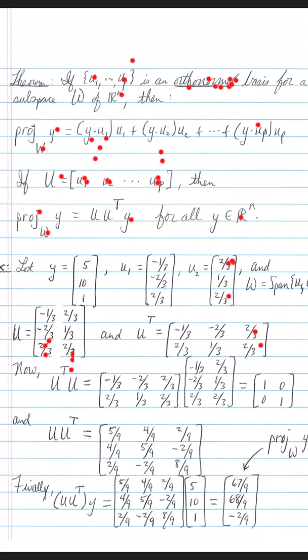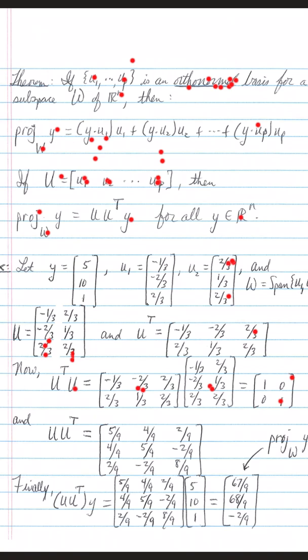U transpose times U. Be super careful. I recommend using a calculator or a matrix calculator online, but U transpose times U actually comes out to an identity matrix I2. A couple of ones on the main diagonal.